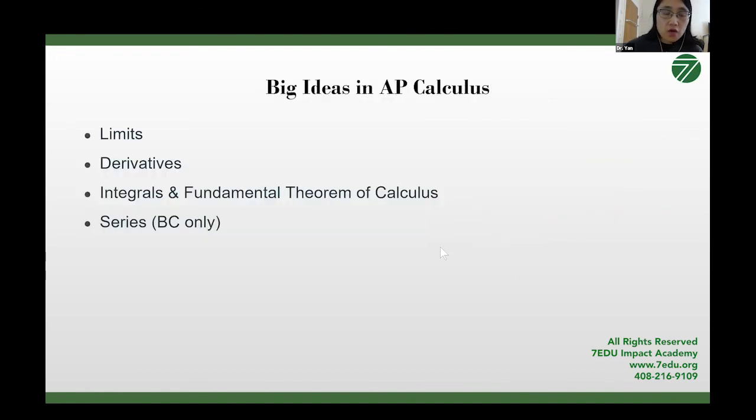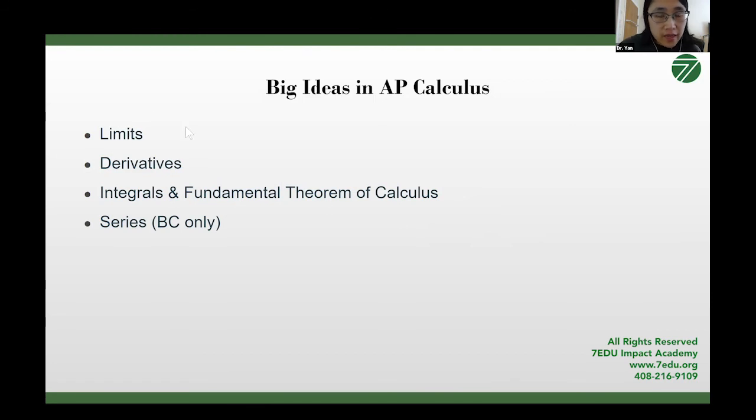Okay, so let's get some idea of what main topics are covered in AP Calculus. For each AP test, College Board gives a list of what they call main ideas. That means you really have to know what main ideas will be tested for whatever AP test you plan to take.